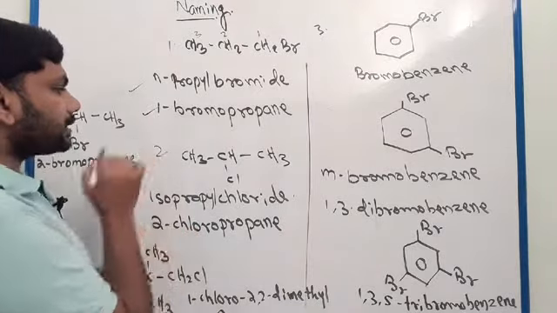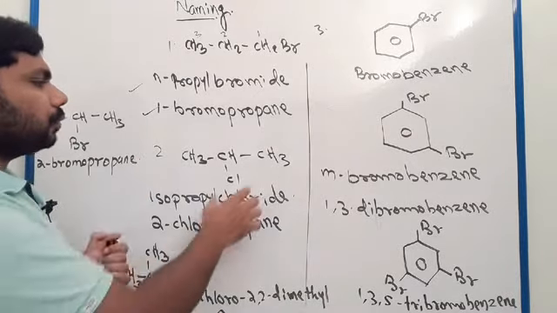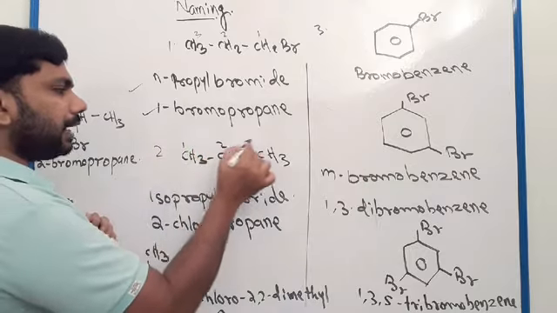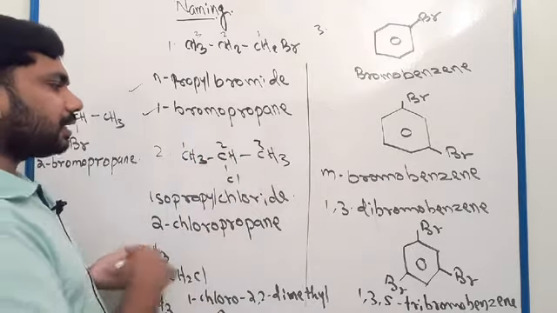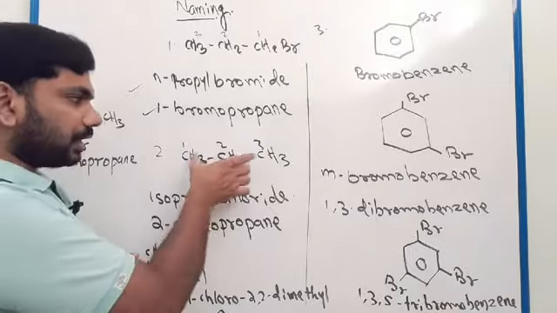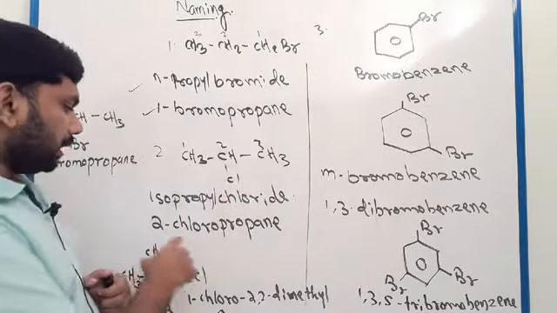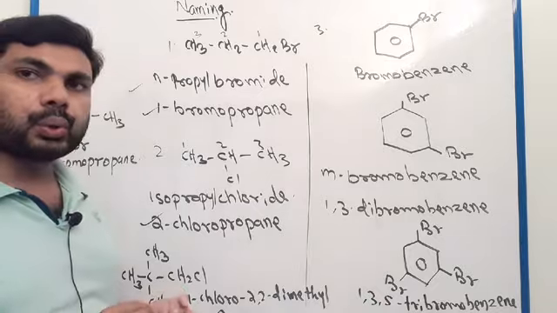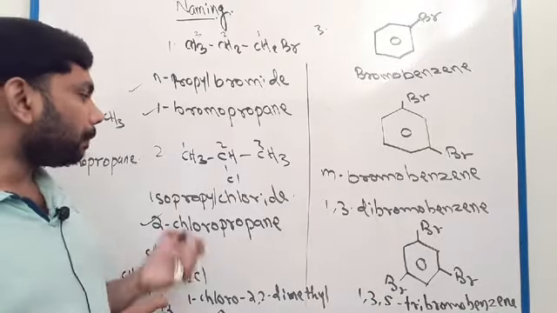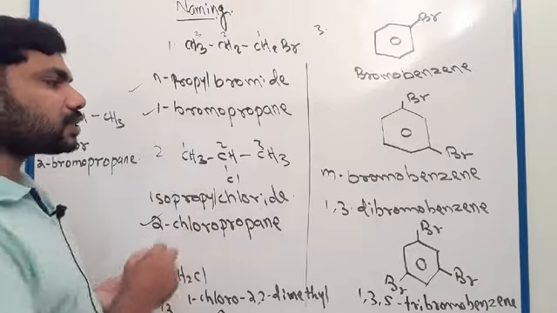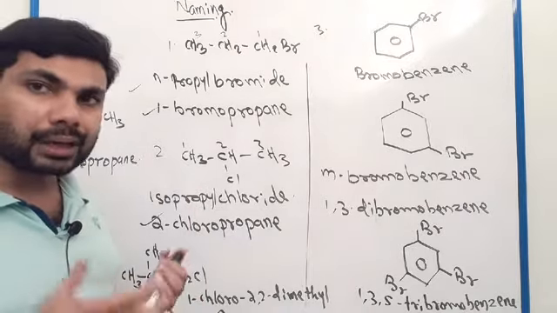Here is another example. Look here, 1 2 3 or 1 2 3, you can give the number from any direction. Okay, and on the second carbon there is chlorine, so 2-chloropropane: 3 carbons, prop, single bond, ANE. This is the IUPAC name, 2-chloropropane. This type of structure is called isopropyl chloride.